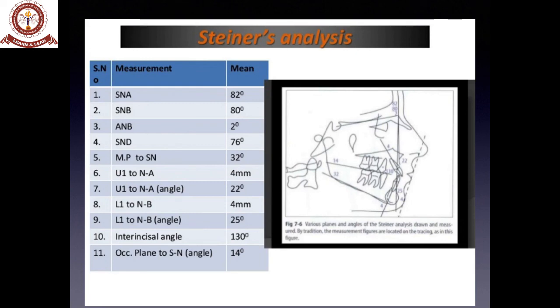We have the dental record of the patient, we have the radiological assessment, that is the OPG and the lateral ceph, and with the lateral ceph we further do the analysis, which can be Burstone, hard tissue and soft tissue analysis, and Steiner's analysis. So we can assess the hard tissue, the soft tissue, and the dental segment as well. Once all these things have been done, we'll have a problem list ready with us. Once the problem list is created, we need to address each of these problems.